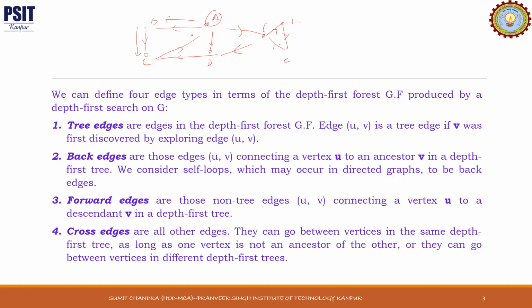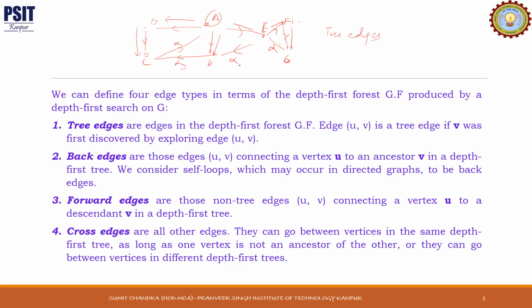Suppose this path we have chosen. Again, while backtracking, we move to here, and we move to F, and then to G. Lots of edges we have not explored here. This edge is not explored, this edge is not explored, and so on. All the explored edges are basically tree edges.